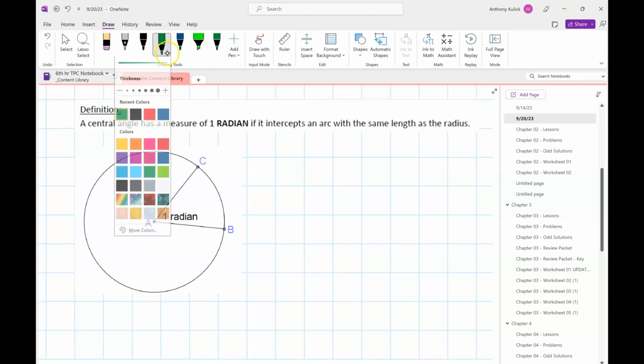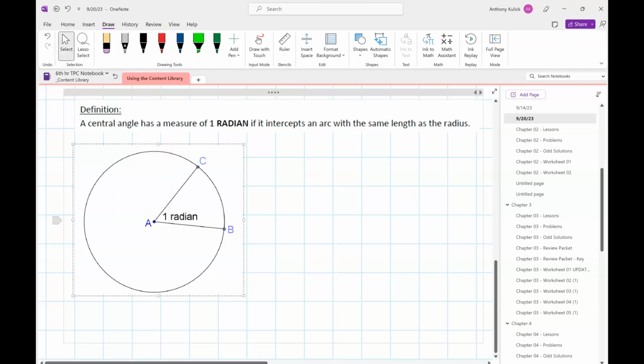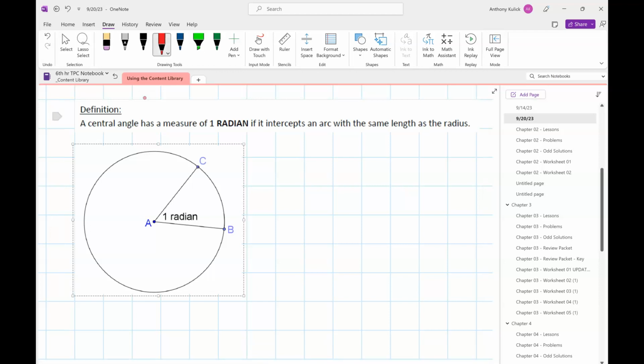That circle has a center. The center of that circle is the point A. We call something a central angle if the vertex of the angle is at the center of a circle. So CAB in this case would be a central angle. Everybody feel good with that?